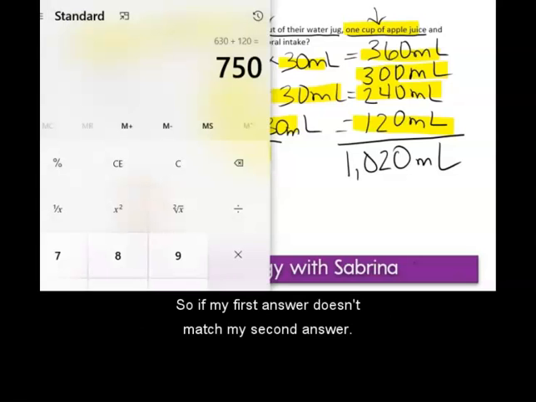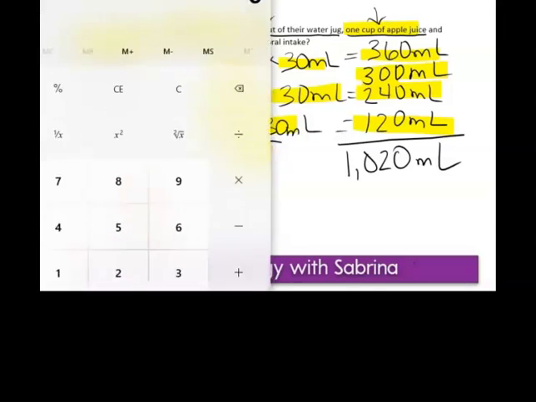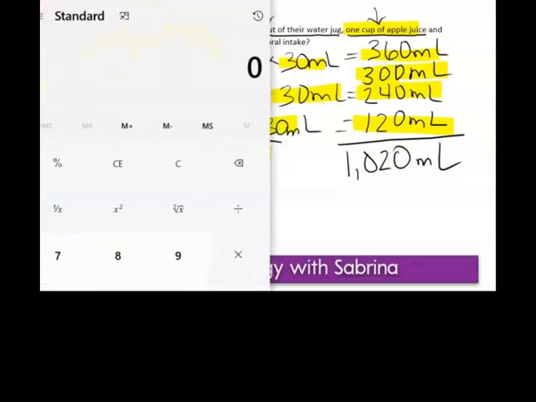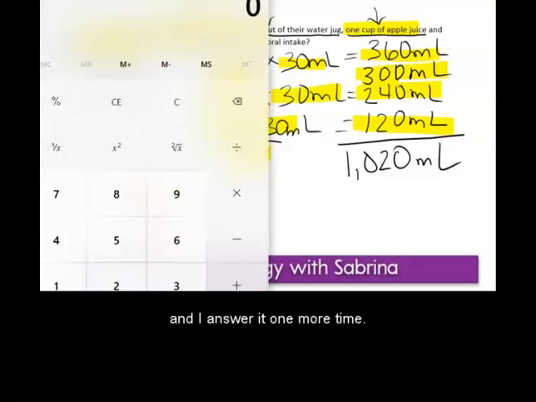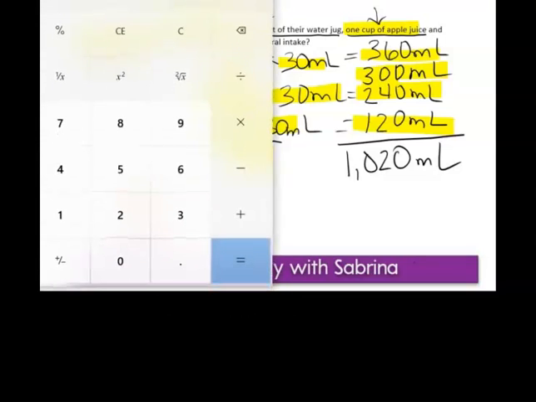So if my first answer doesn't match my second answer, then I go through and I enter it one more time. 360 plus 300 plus 240 plus 120 equals.